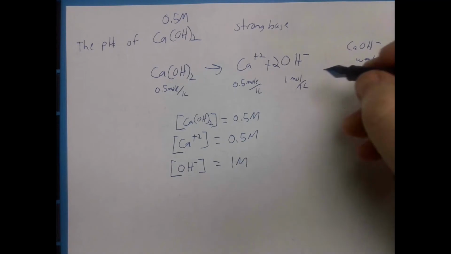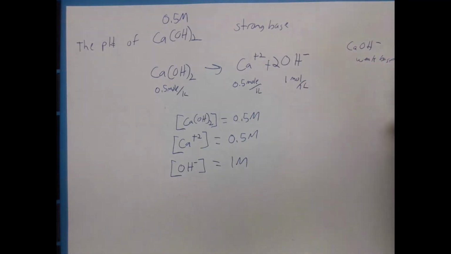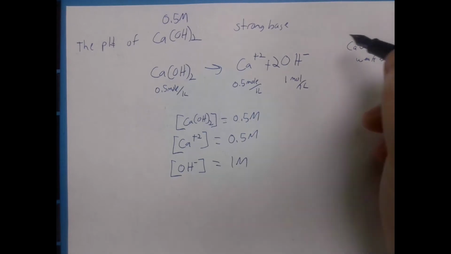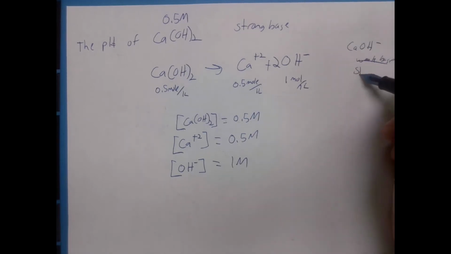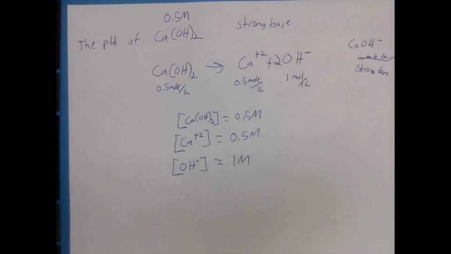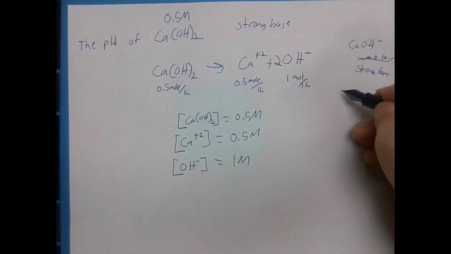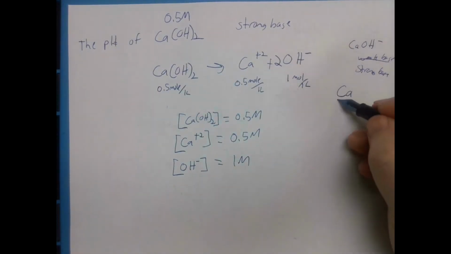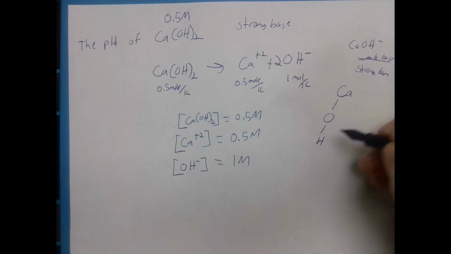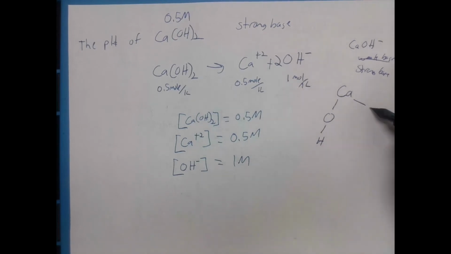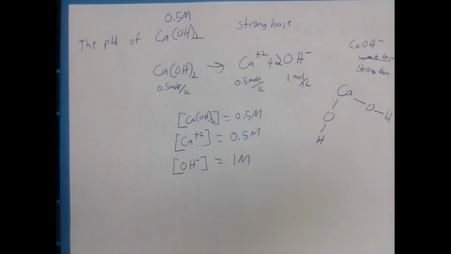But I'm going to tell you to assume, unless I state otherwise, that this is also a strong base. Because what's going to happen is we have this molecule Ca with an oxygen and a hydrogen here, and we have another oxygen and a hydrogen here.